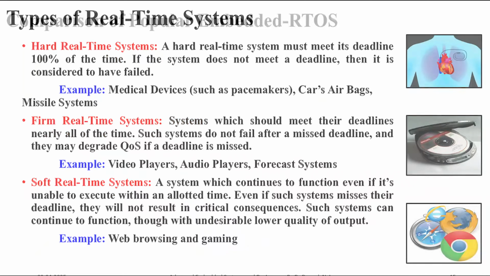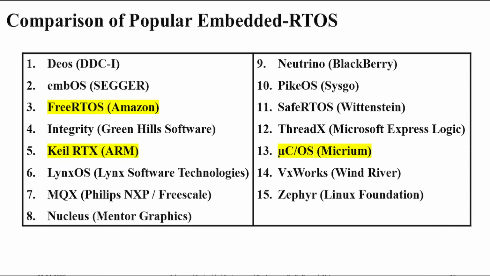There are many real time operating system providers or RTOS providers. Some of the most common and popular are listed here. Most of the RTOS listed here are paid, or we can say you have to subscribe to them by paying some amount, or they have some license fees.